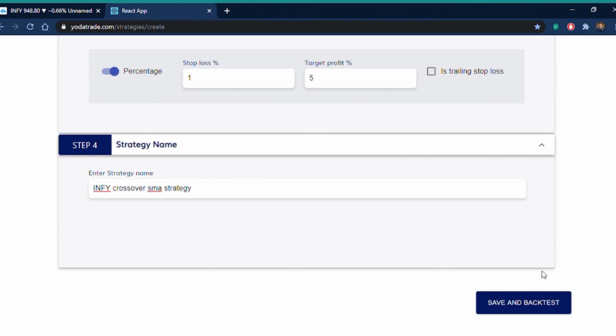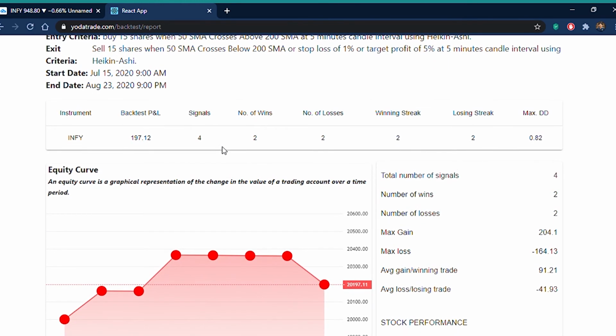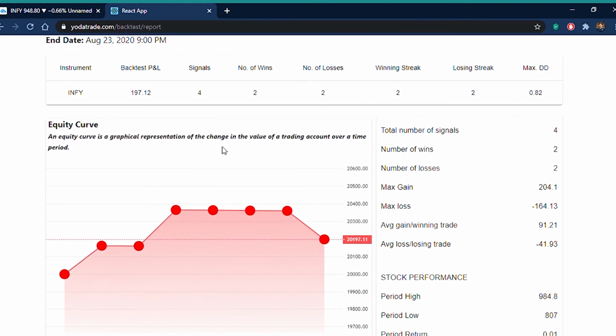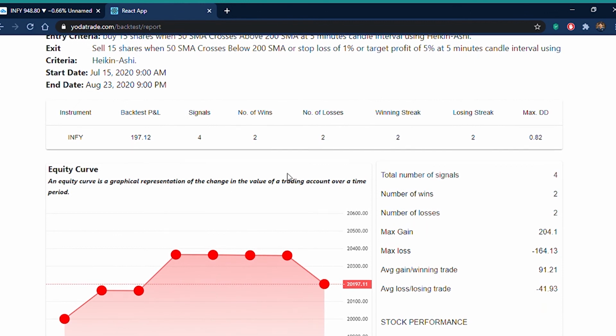So let's now save and backtest it. So here we have the results of the backtest. We have the summary of the strategy here, and we have the equity curve.